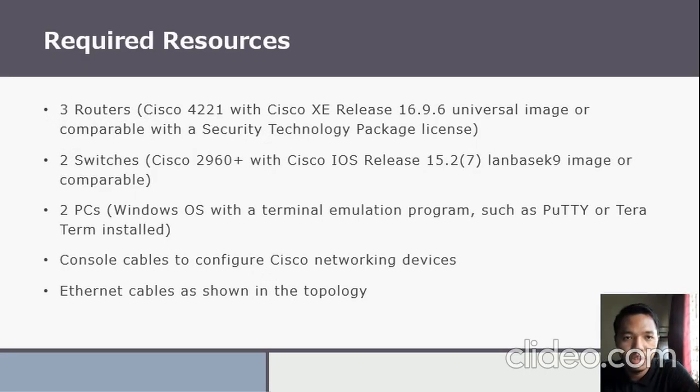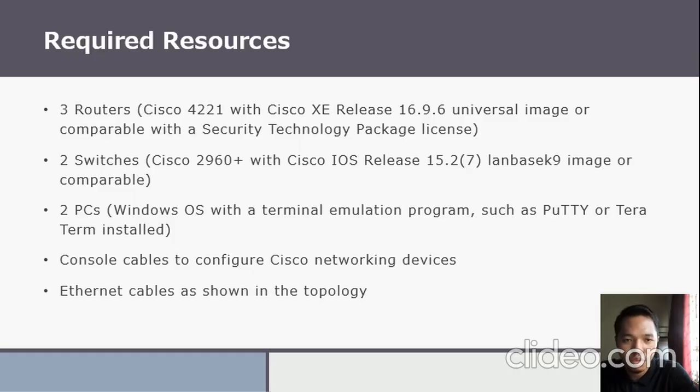Okay, so the required resource to do this problem-based task, as I mentioned already before, as we can see at the topology, there are 3 routers, so we need 3 routers for Cisco 4211, which is Cisco XE release 16.9.6 universal image or comparable with a security technology package license.